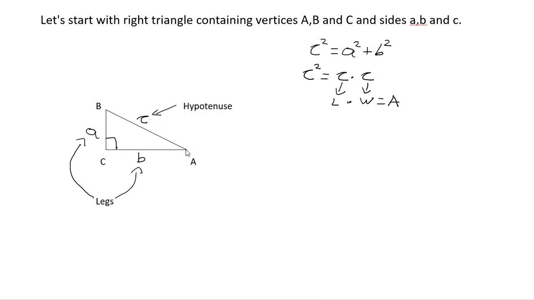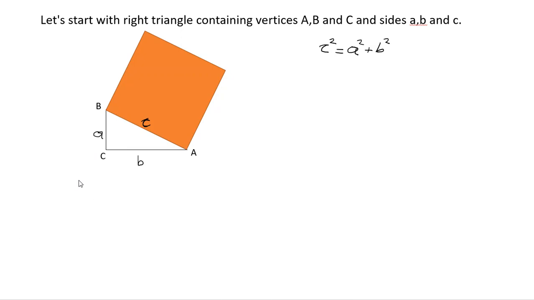There must be some kind of width that I'm going to multiply, and I'm going to get the area here. So it's going to look something like this. We have a square, because this is c, this is c, so c times c gives me c squared. So we get the area here. That's why c squared is not the hypotenuse. C is the hypotenuse, but c times c, or hypotenuse times itself, gives us this area.